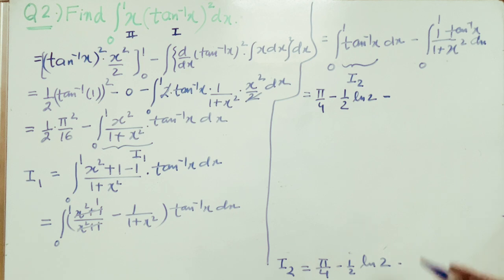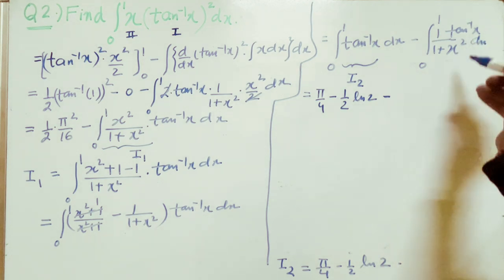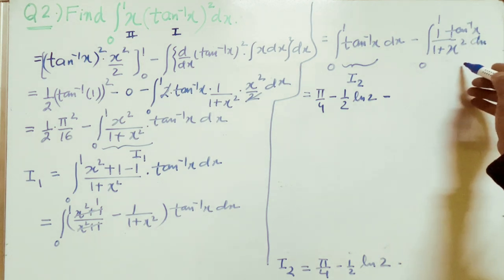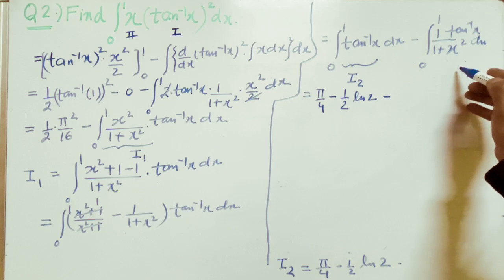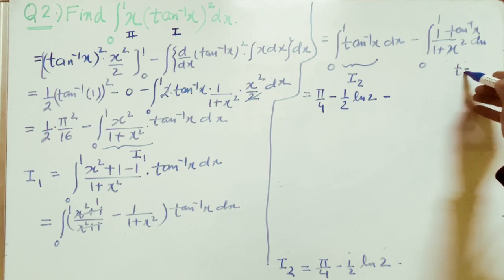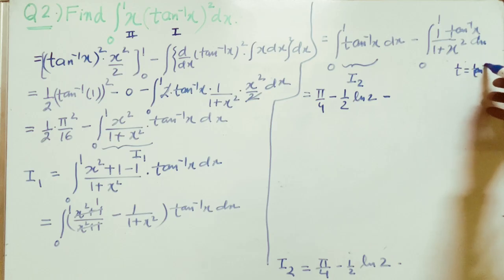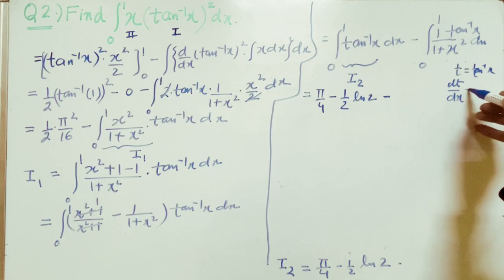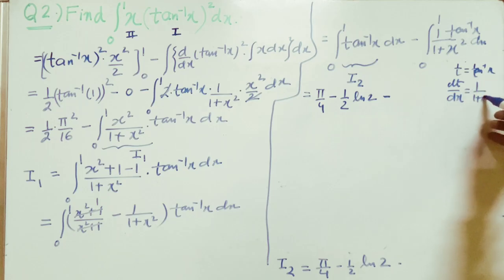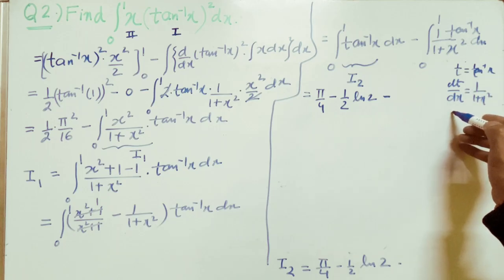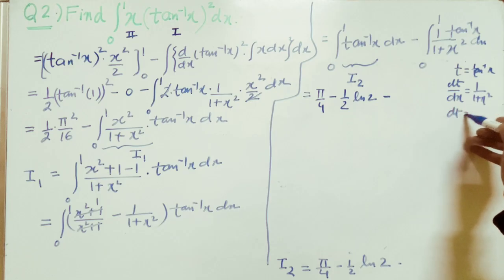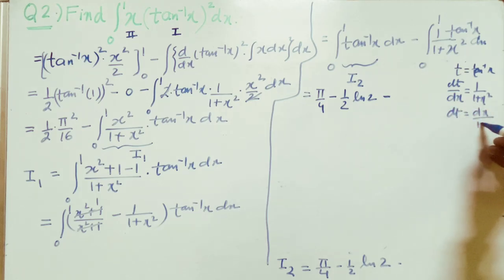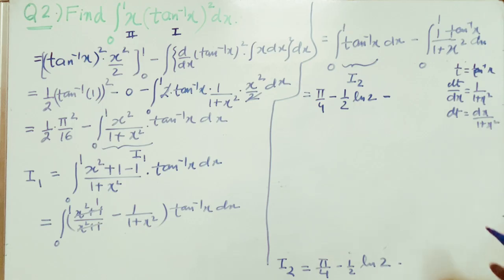So if we put tan inverse x as t, I'm just showing you here how to go with this. I'm putting tan inverse x as t, so dt by dx will become 1 over 1 plus x square, or we can say that dt comes as dx over 1 plus x square, right?